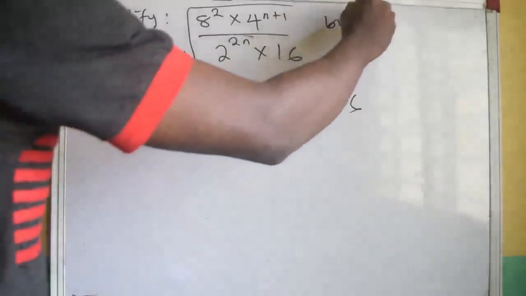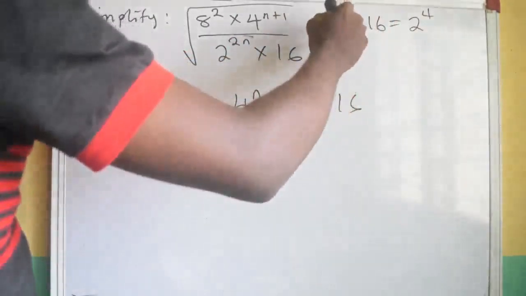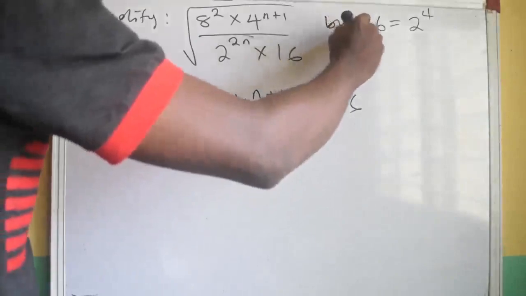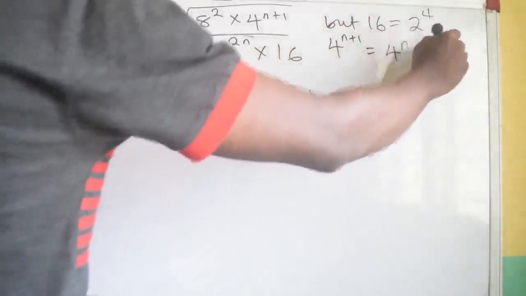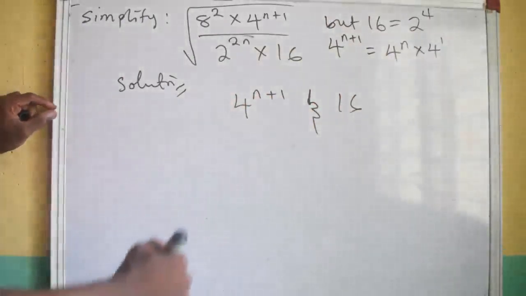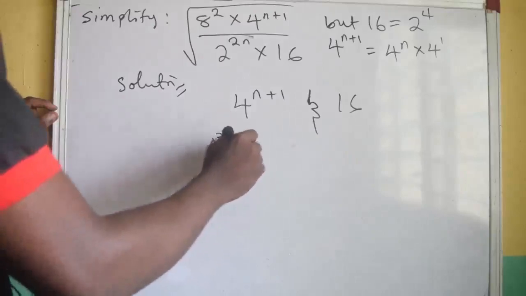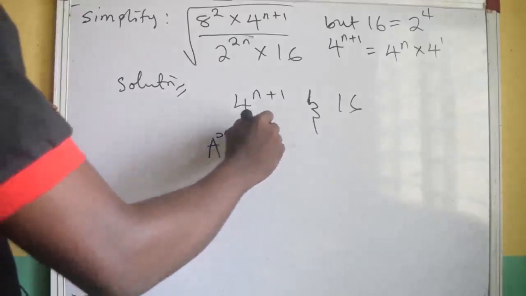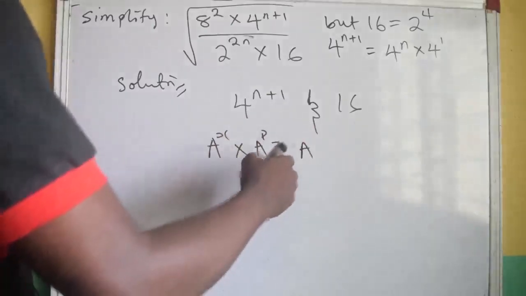But you and I know that 16 is the same thing as 2 raised to the power 4, and 4 raised to the power n plus 1 means 4 raised to the power n multiplied by 4 raised to the power 1. If you don't understand, a raised to the power x times a raised to the power p, if the bases are the same, pick one base and do what?